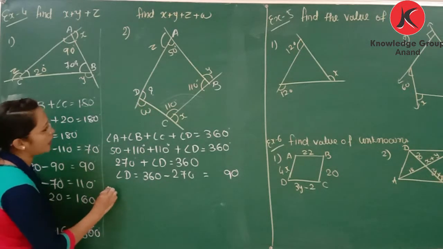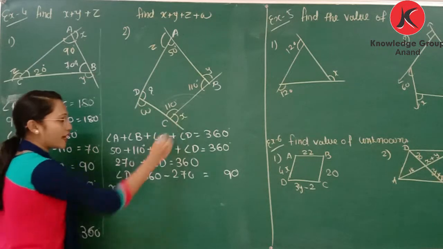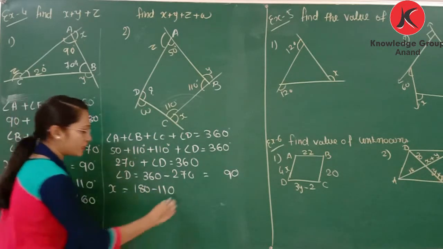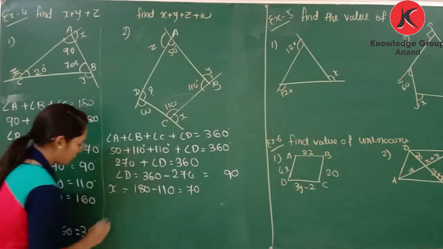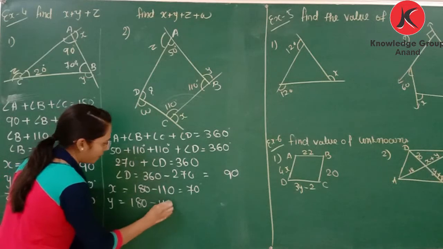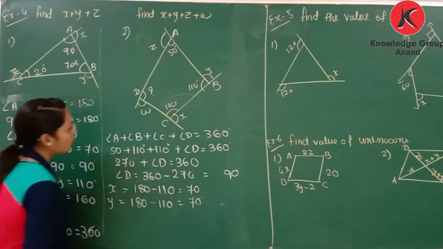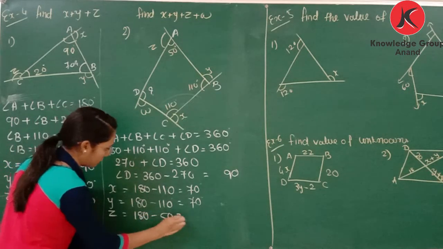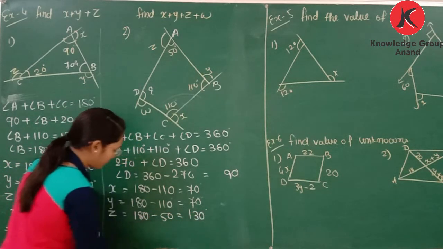So what will be angle X? To find X we need to subtract 110 from 180, so we will get 70. Angle Y is also the same, 70. Z, that is 180 minus 50, that is 130.